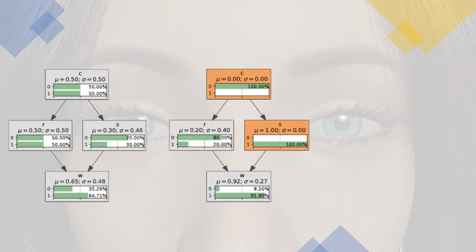What we can do while we are interacting, for example, is to collect evidence about these nodes, to actually observe what is going on. Suppose we observe that the sprinkler is on and that the sky is not cloudy.